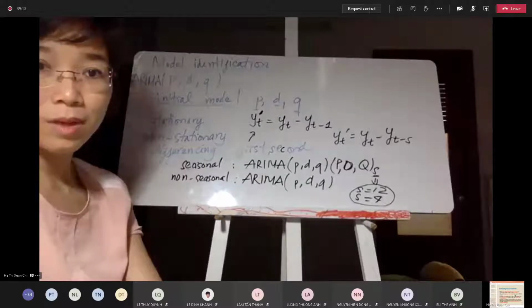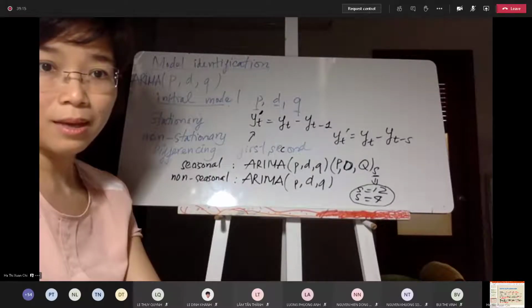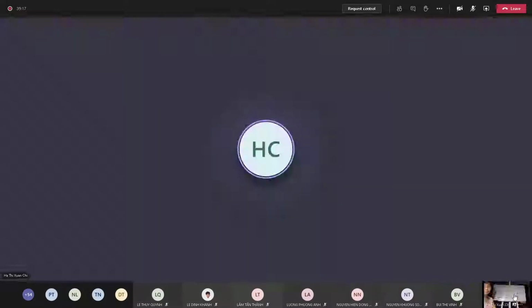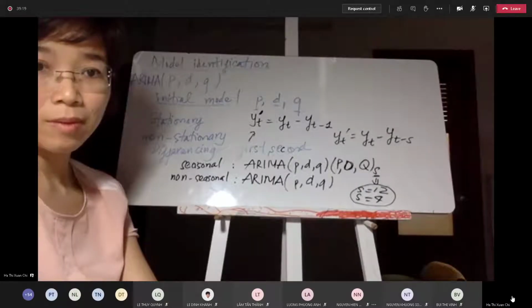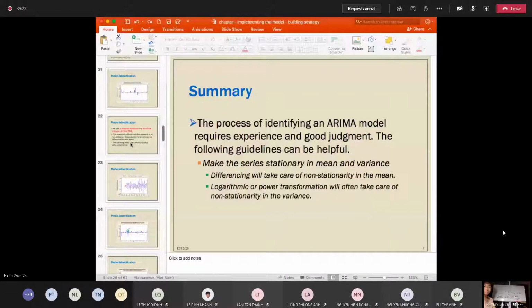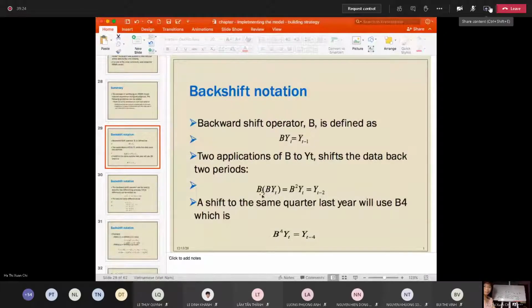So you can look at the slide. I'm going to share with you in the slide. The slide is called the backshift notation. Backshift notation. Okay, what does it mean?